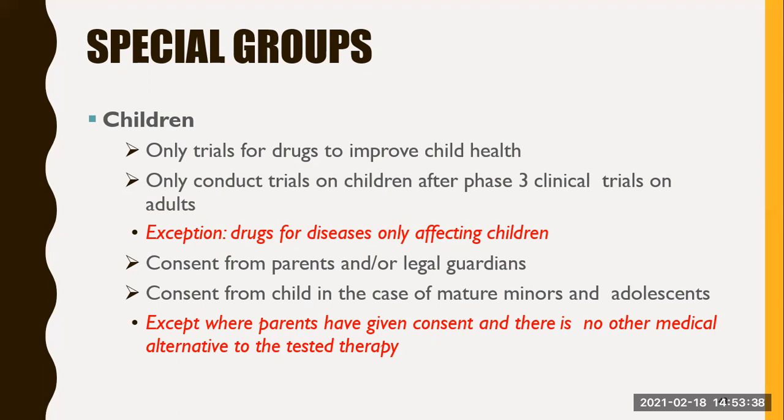Once we have established the efficacy and safety of the drug in adults, we conduct the trials in children. The exception is drugs for diseases only affecting children. If certain diseases are prevalent in children, only in those cases can we enroll children in clinical trials.